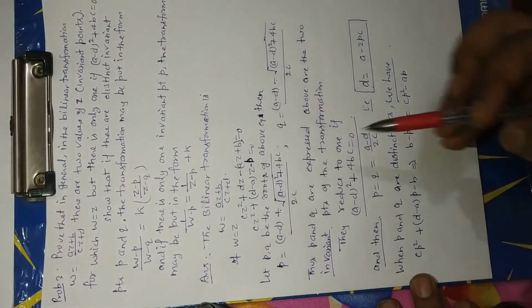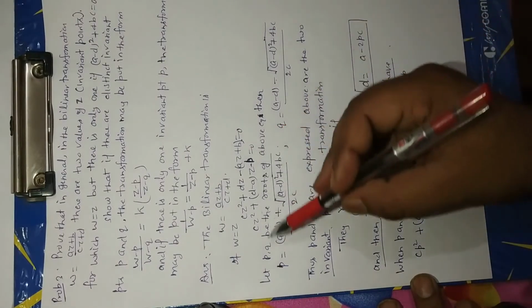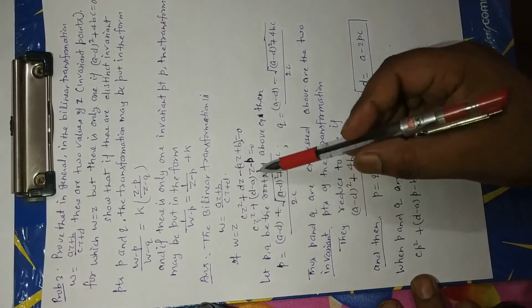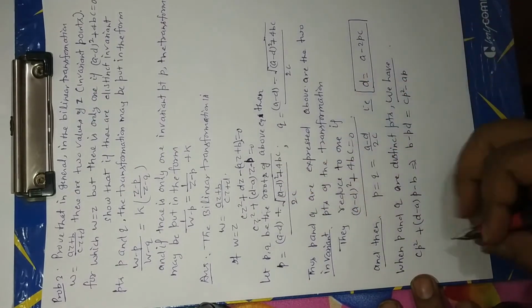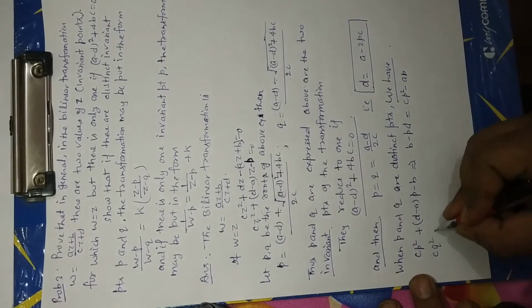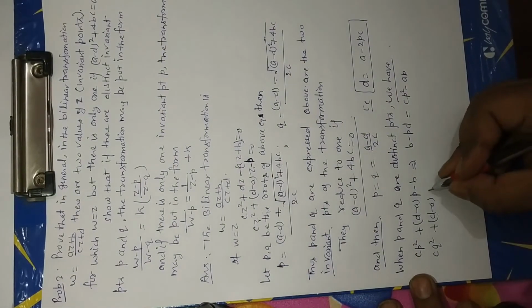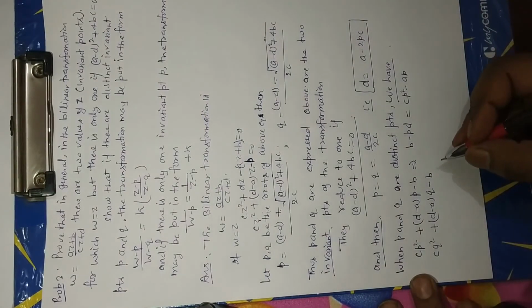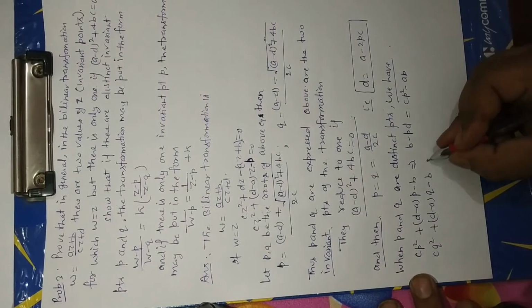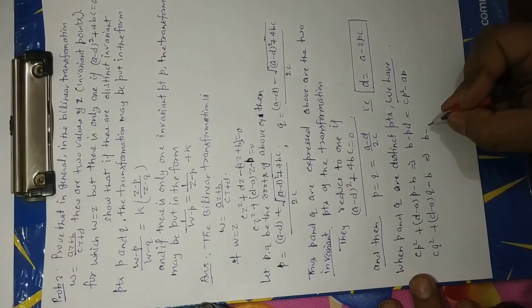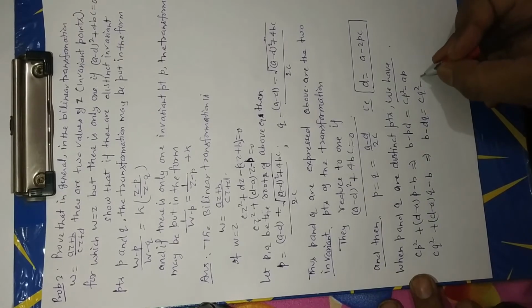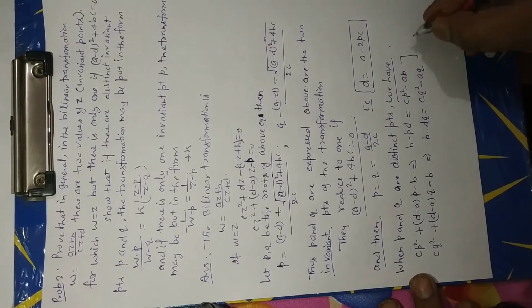Now in the next equation, by putting Z is equal to Q, we get CQ square plus (D minus A) into Q minus B. Then B minus DQ is equal to CQ square minus AQ.